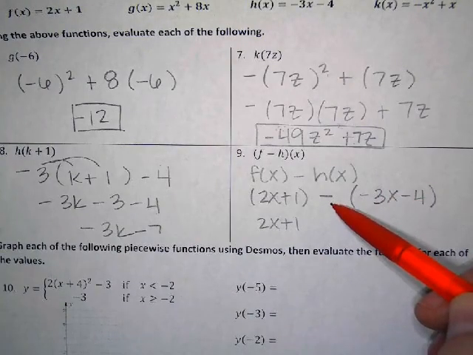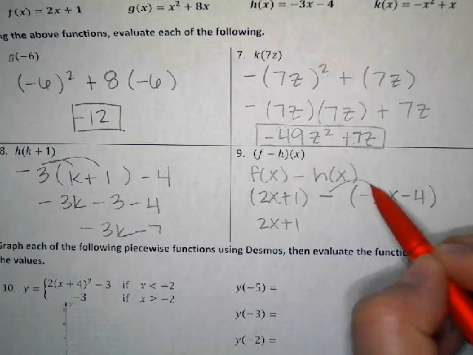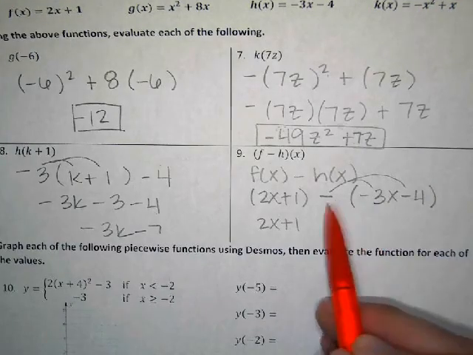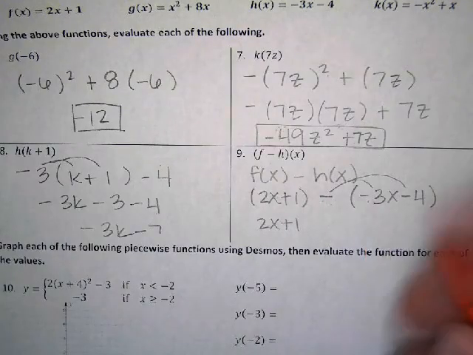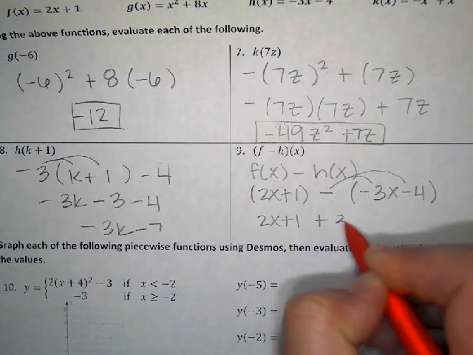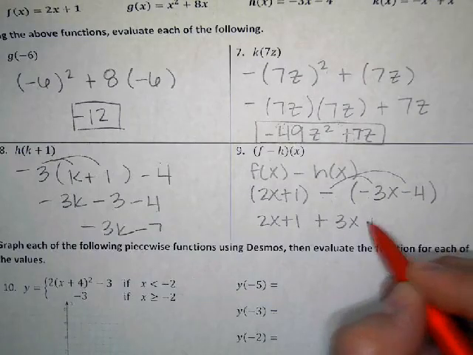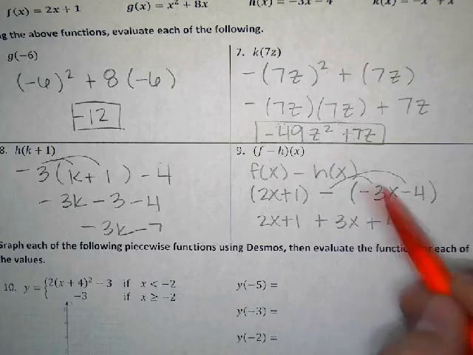What are we doing with the negative? We're distributing it. So what happens when you distribute the negative? Yeah, the negative makes plus. So plus 3x, and then negative again makes plus 4. So plus 3x plus 4.